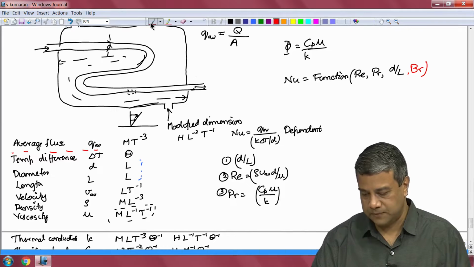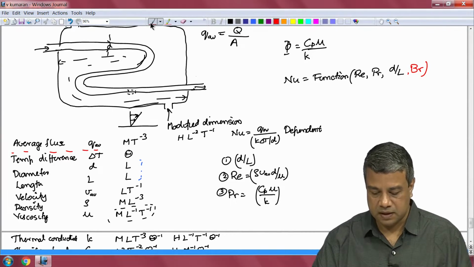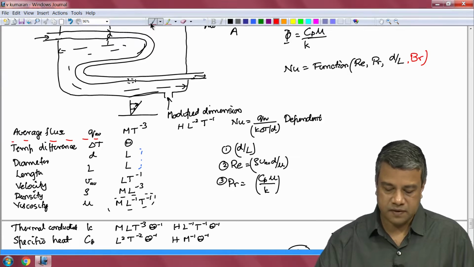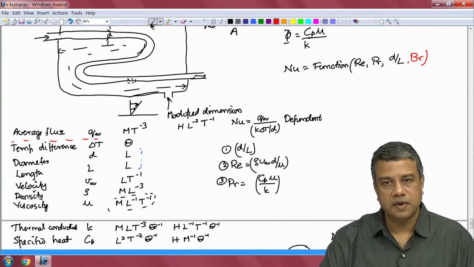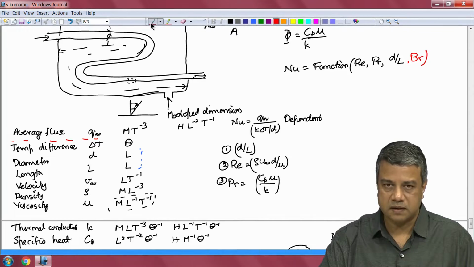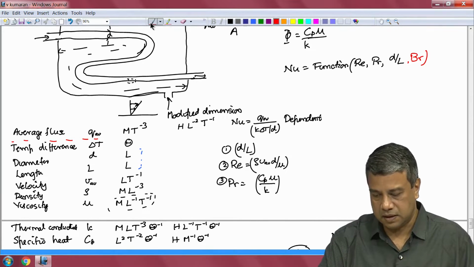In that case, we modified the dimensions of the average flux, the thermal conductivity and the specific heat, because these are thermal properties and therefore, they depend upon the thermal energy. And if there is no interconversion, we had defined a separate dimension for that heat energy.